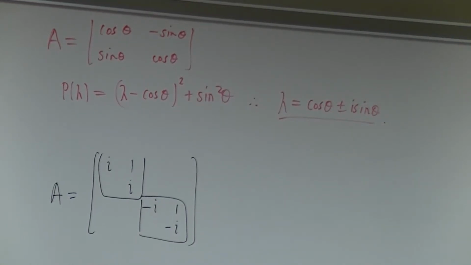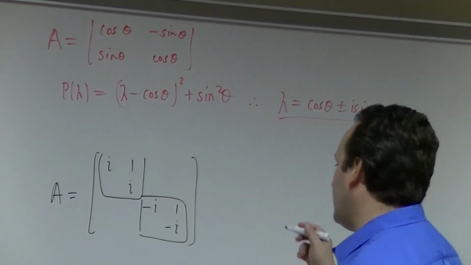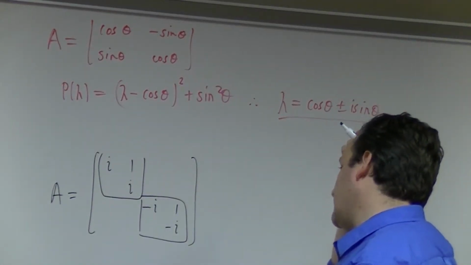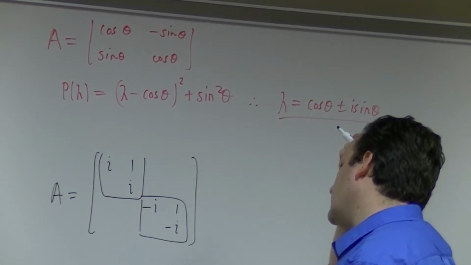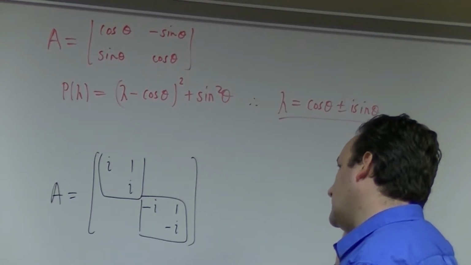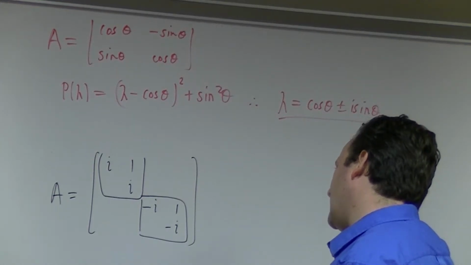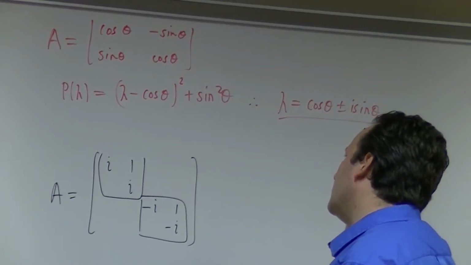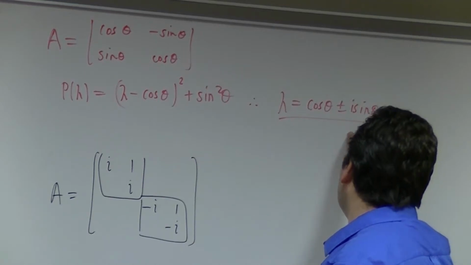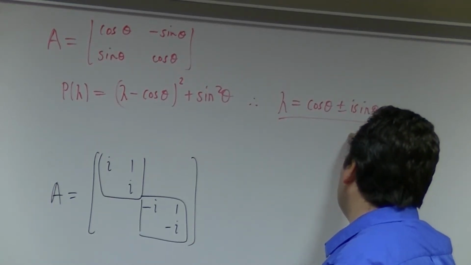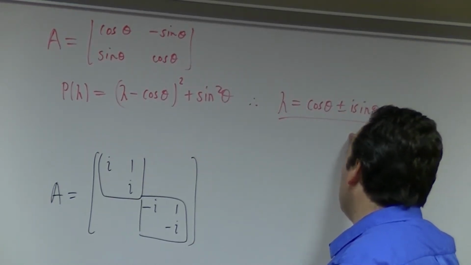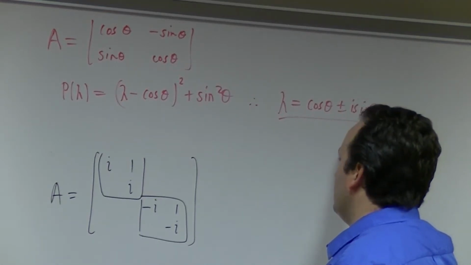Now, the corresponding real Jordan form would look like what? Let's see here. If this is i, cosine theta is what? Pi over 2, right? So sine theta is 1.